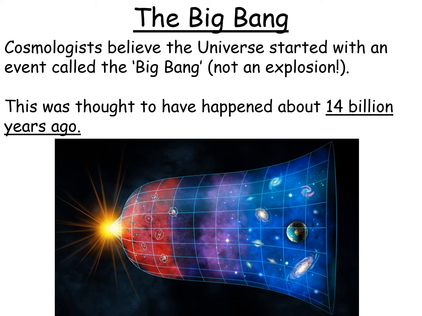So you can see how great a length of time this is and how old the universe actually is. And this number, physicists actually have theories which allow them to work out this age. So it's not a number that they've just made up, it is a scientifically proven number.